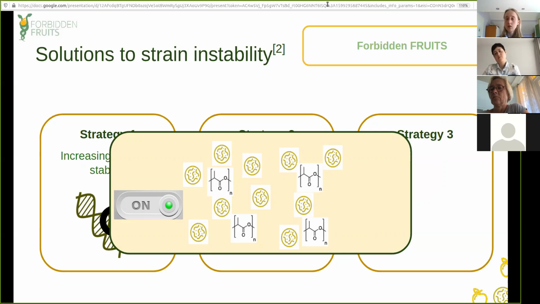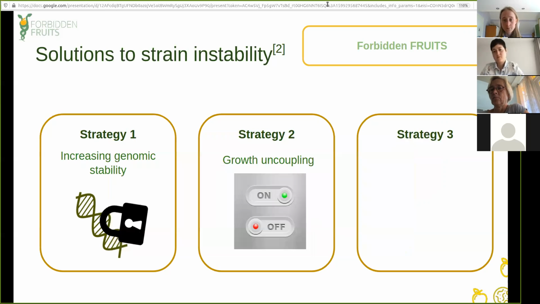You first make it nice for the cells, they can grow, they have enough food, and then when they stop growing, you keep making it nice for the cells, and you turn on your production pathway. This is called growth uncoupling, because you uncouple production from growth.